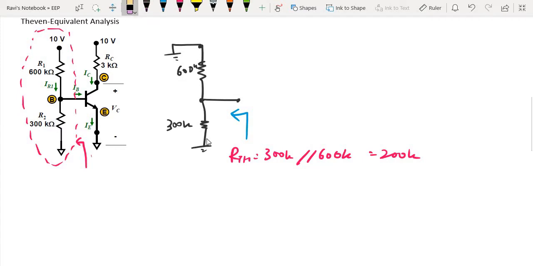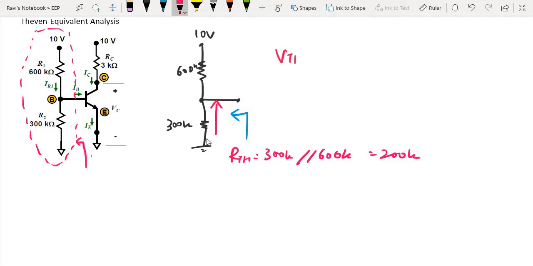Now let's go back and see the VTH. For the VTH, I put back my 10 volt source here. So I have 10 volts here, and the VTH is basically the voltage that I see when I look from this direction. I only see a simple circuit, which is a voltage source and two resistors in series. So the Thevenin voltage is basically the voltage across this resistor here.